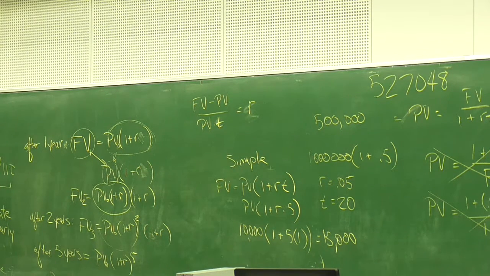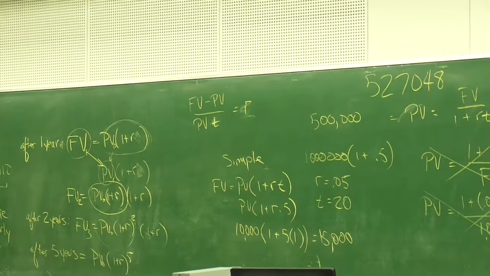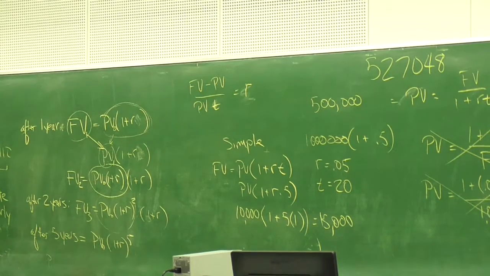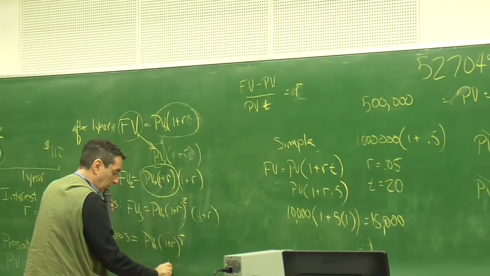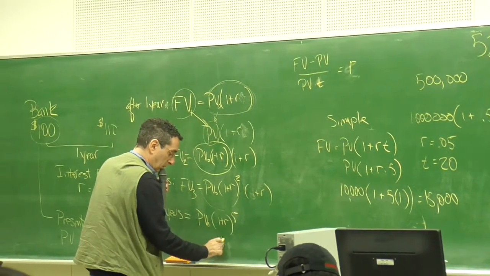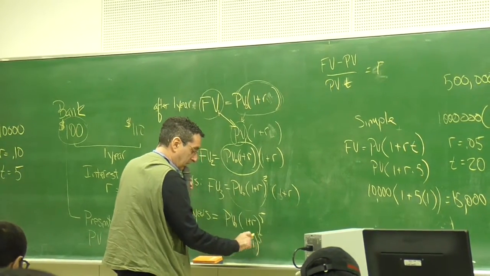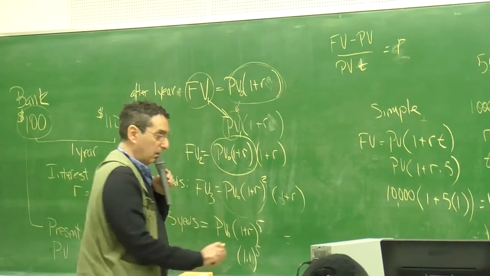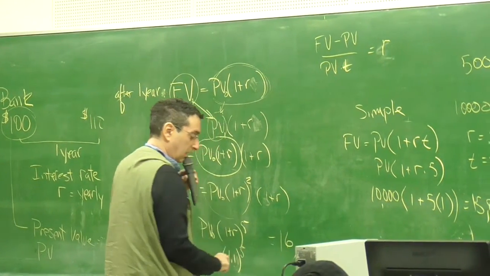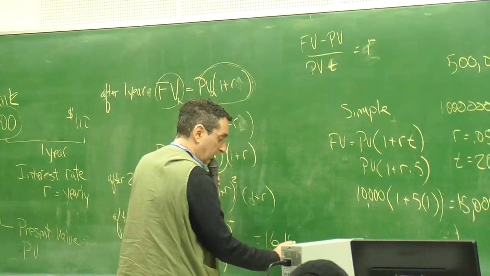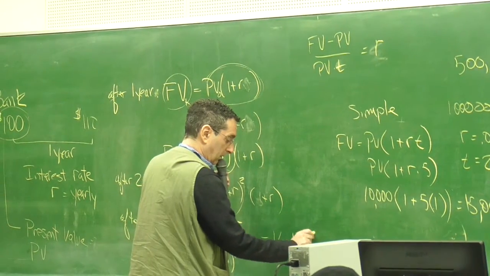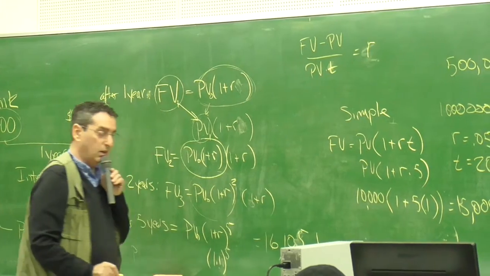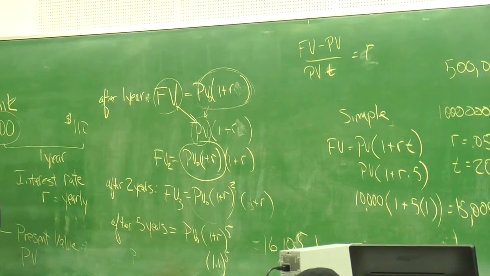You just need 1.1 to the fifth, that's this part. So, what do you get? 1.6105. Everybody get the same thing?